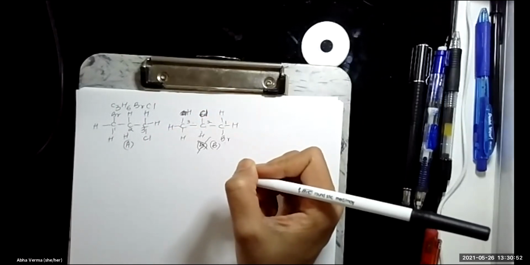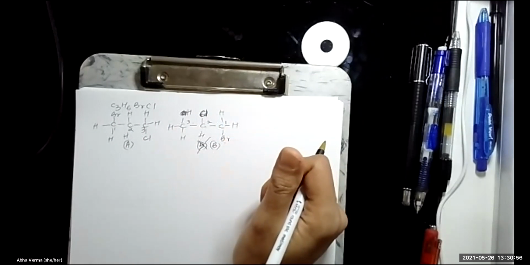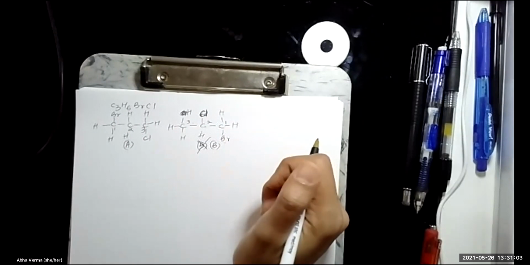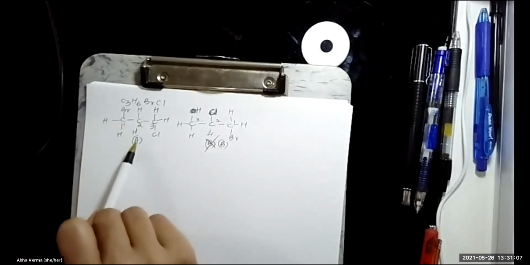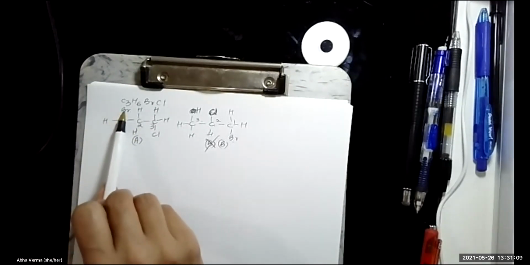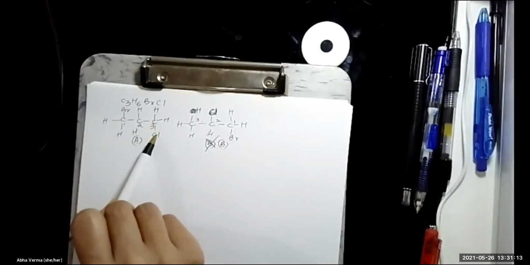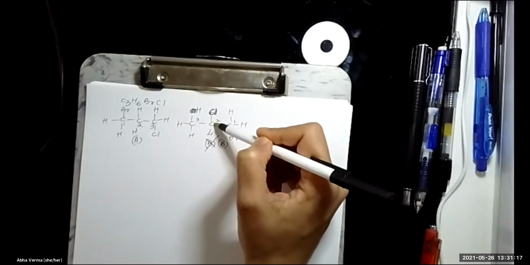Does everybody understand this part? Any questions from this part? Yes, go ahead. Can you repeat why they'd be constitutional isomers if you move the chlorine? Because in the structure A, bromine was on carbon 1. Chlorine was on carbon 3. Now the connectivity is a little different.